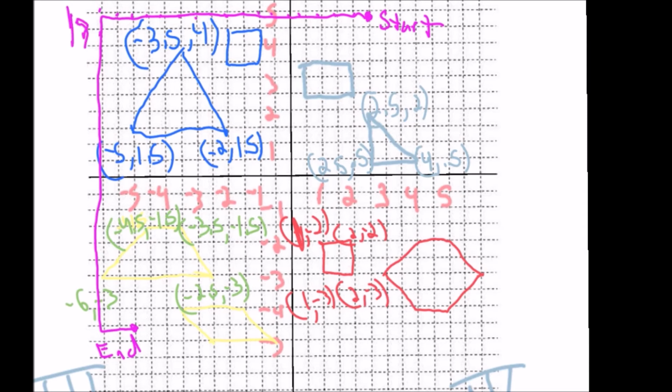Then 1, 2, 3, up to 19 along the side, and then 2 along the bottom. So my total distance would be 17 plus 19 plus 2, which is 38.